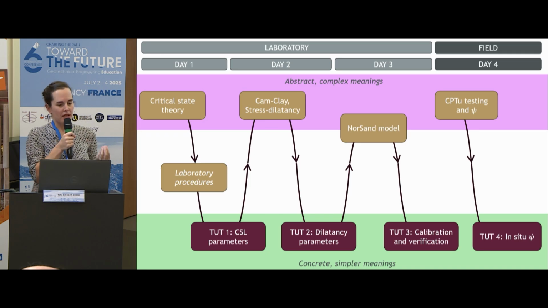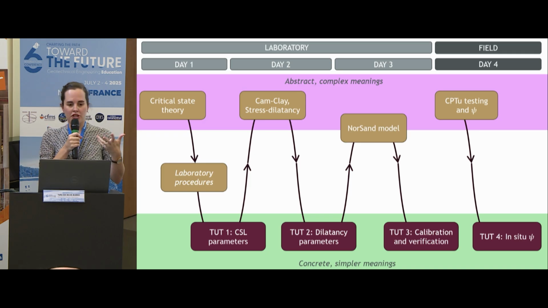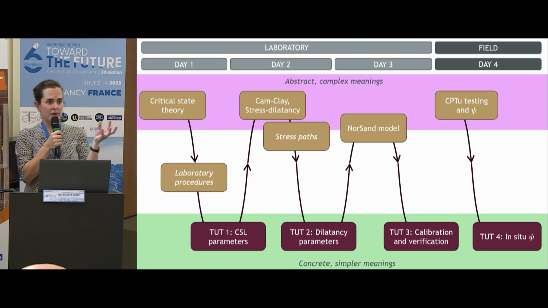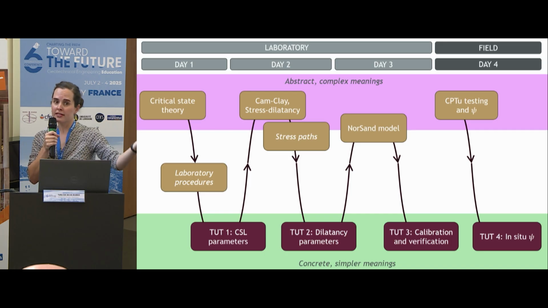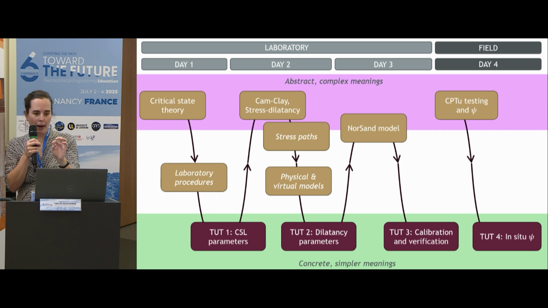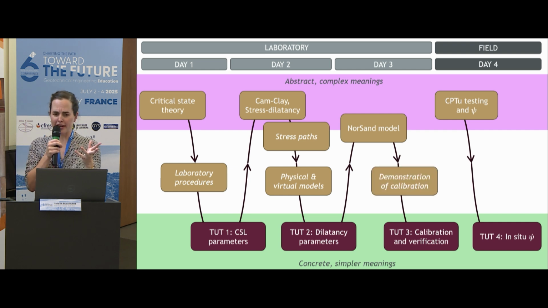Examples were lectures on the laboratory procedures or specifications of the laboratory tests for critical state testing, demonstrations of stress paths that you would follow during tests on the different models, and the use of physical models. I 3D printed a Cam-clay model, as well as virtual models, the models from Innsbruck that they've got online and that students can play with, and then demonstrations.